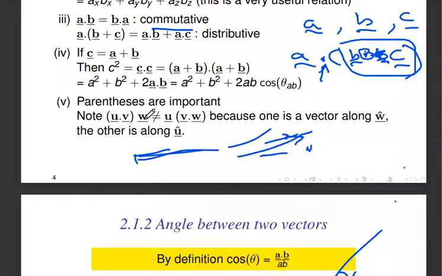That is not equal to this, because this is a scalar multiplied by the vector u, so this is a vector along u. So generally this one is not equal to this one. Hope you understood.